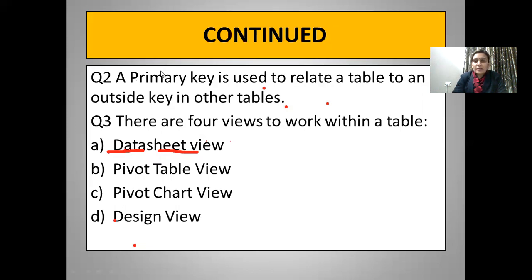A key used to relate a table to an outside key in other tables. And name the 4 views to work within a table. We have datasheet view, pivot table view, pivot chart view, and design view. These are the 4 views with the help of which we can work within a table.